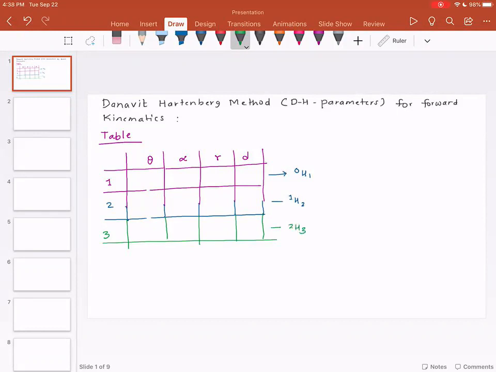So the most important part is, how do we construct this table? And you already know half of it. So remember the coordinate system rules.